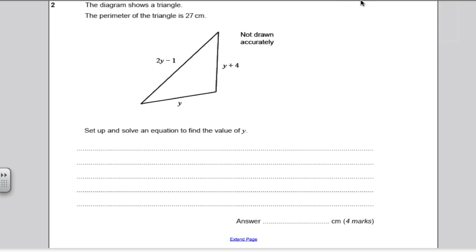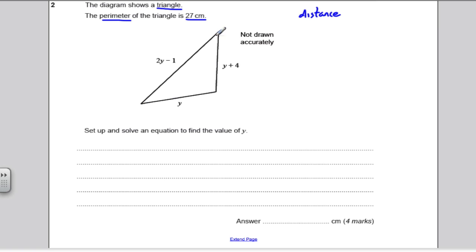Question 2. The diagram shows a triangle and the perimeter of this triangle is 27 centimeters. Now remember, the perimeter is the distance around the outside of the shape. We know that the distances of this triangle are y centimeters, y plus 4 centimeters, and 2y minus 1 centimeters.